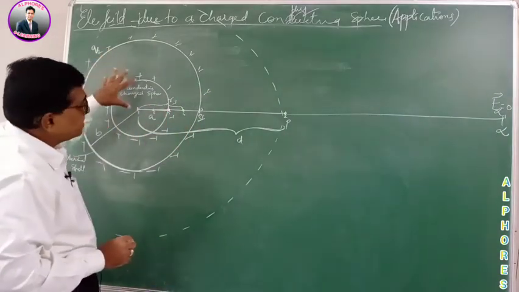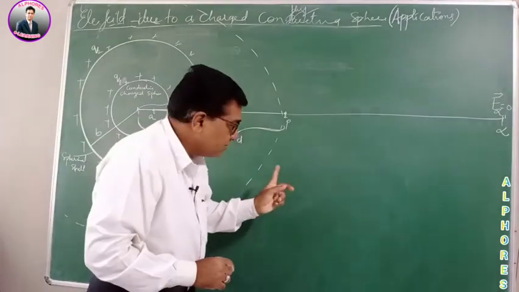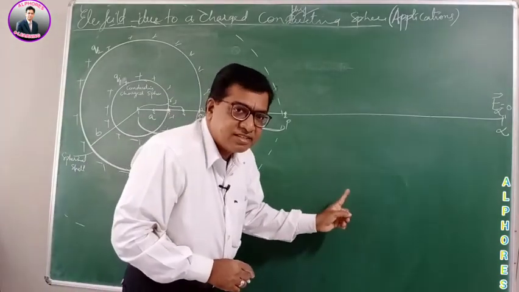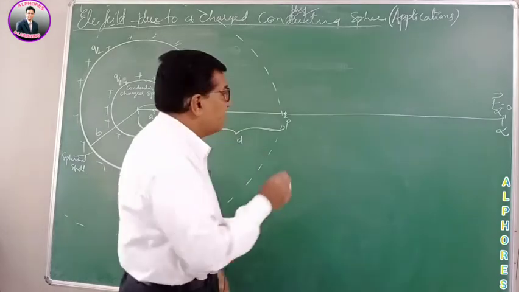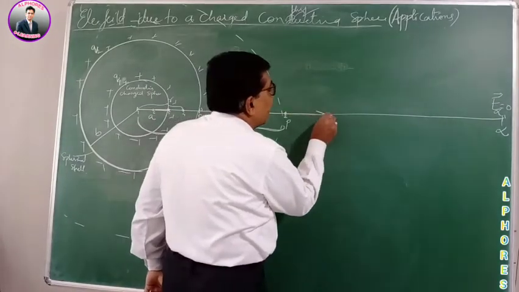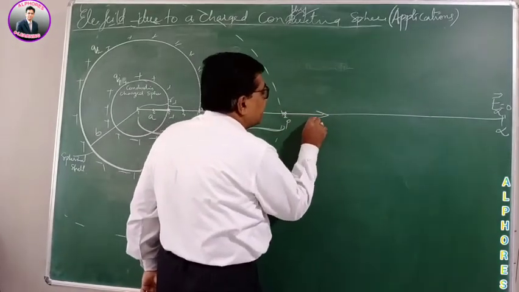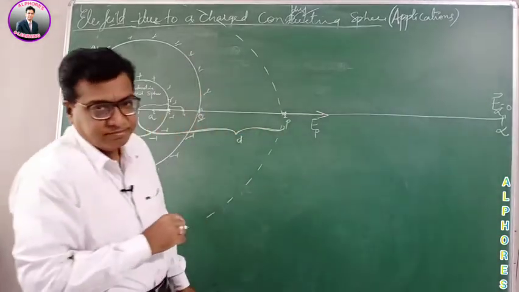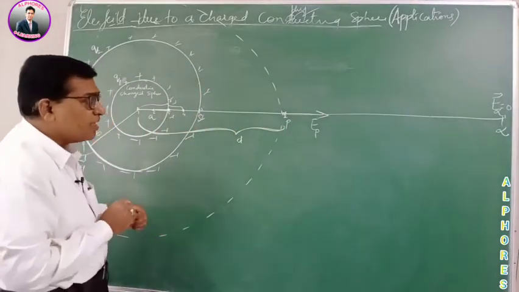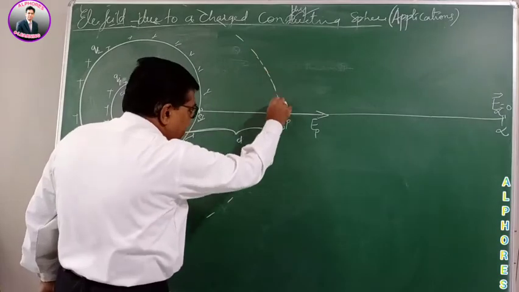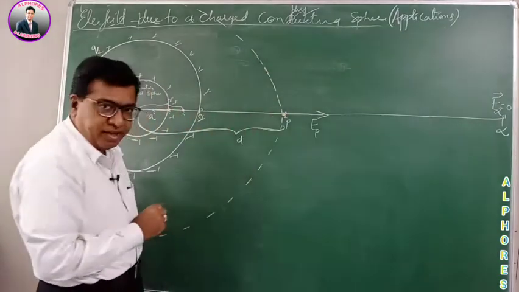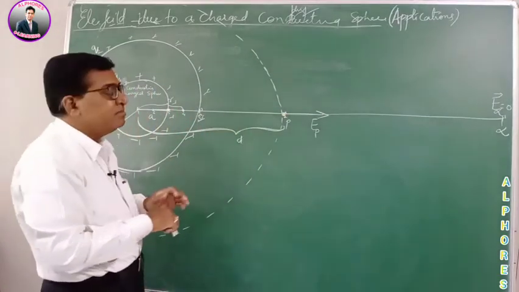Since both the charges are spherical, for a spherical charge you have to imagine a spherical Gaussian surface, where the electric field will be radially outward. I am imagining a Gaussian surface such that it passes through the point P.